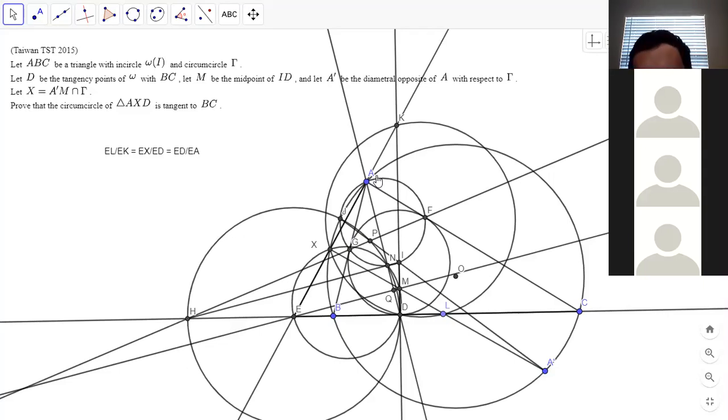So X prime, M, and A prime are collinear. I think I got it. I like that proof.